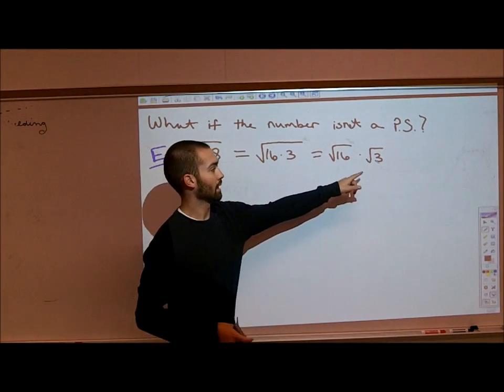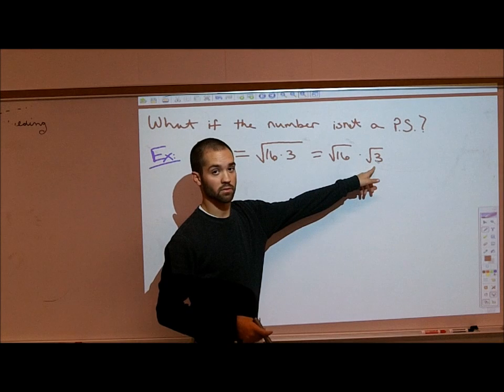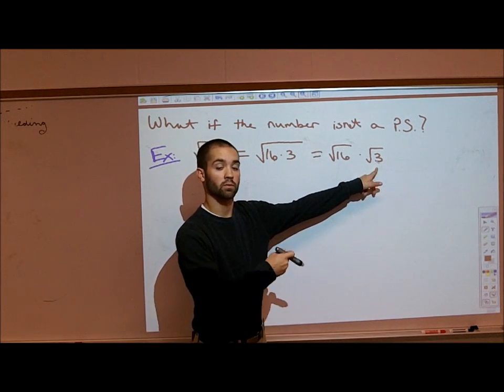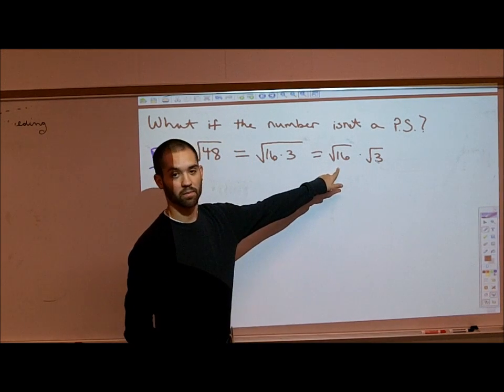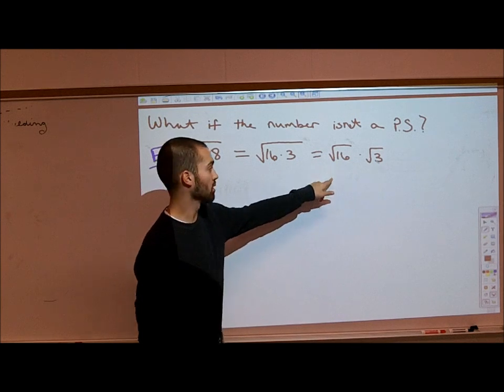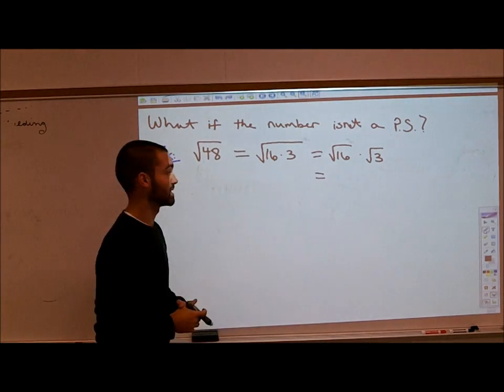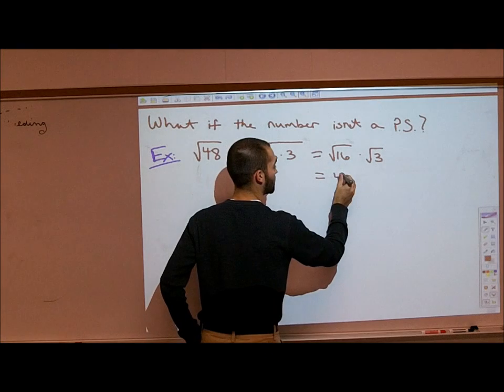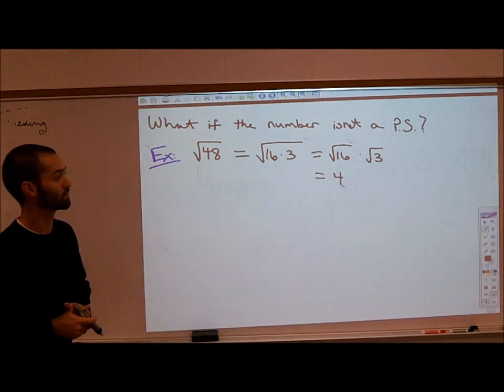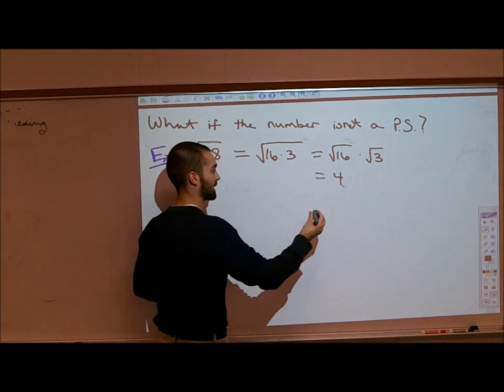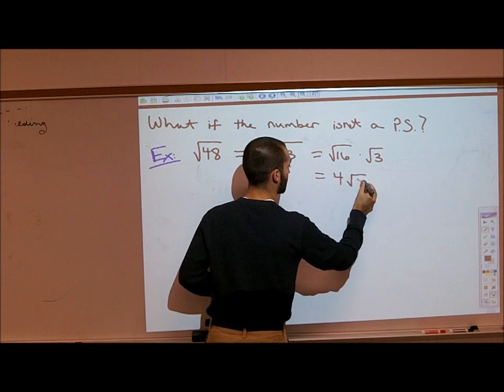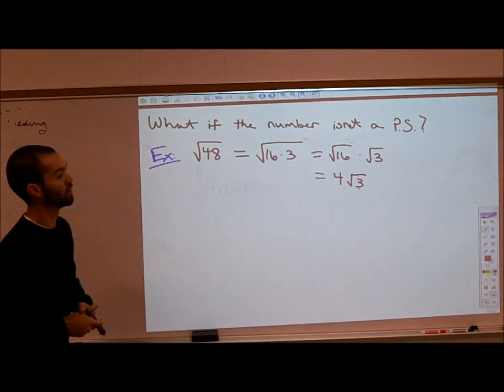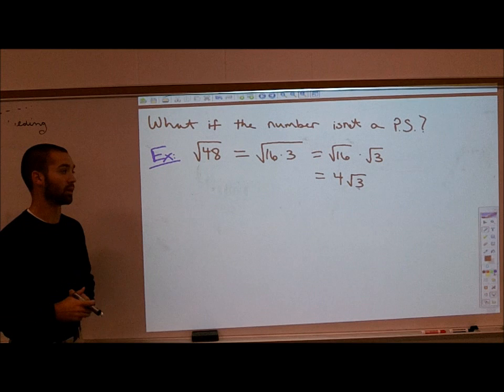I can't simplify this one because it's not a perfect square and no perfect squares go into it. But 16 is a perfect square. So the square root of 16 is equal to 4. Since I can't simplify this, my final solution is 4 times the square root of 3.